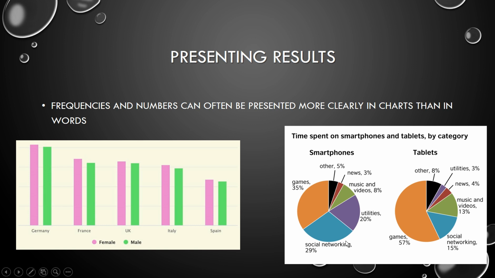Let's say, for example, here you see smartphones and tablets. Let's just focus on smartphones. You find that people use 35% for games, and then maybe news for 3%. Then you want to explain about these two only. Or maybe there are many other factors why people use smartphones, and you don't want to explain them, but only the major things, games and maybe social networking and music videos, for instance.